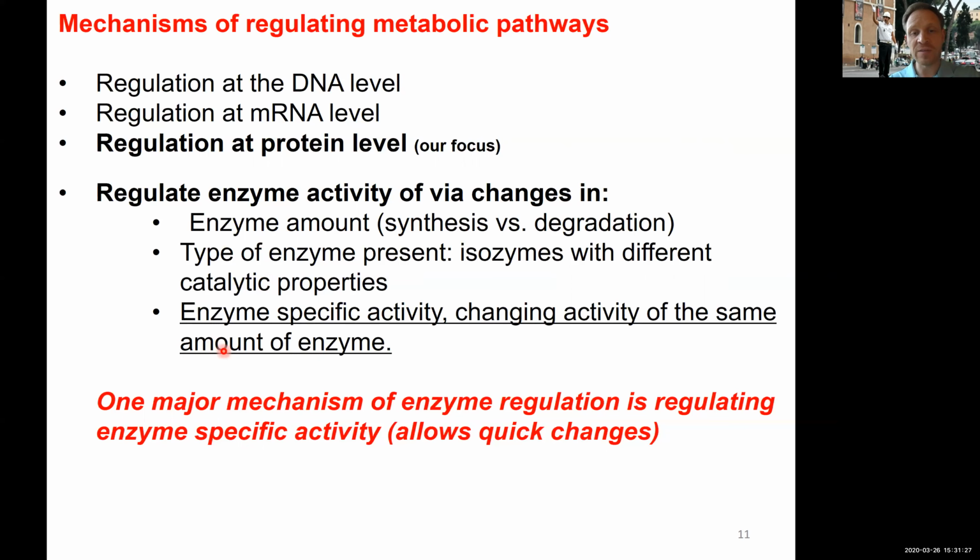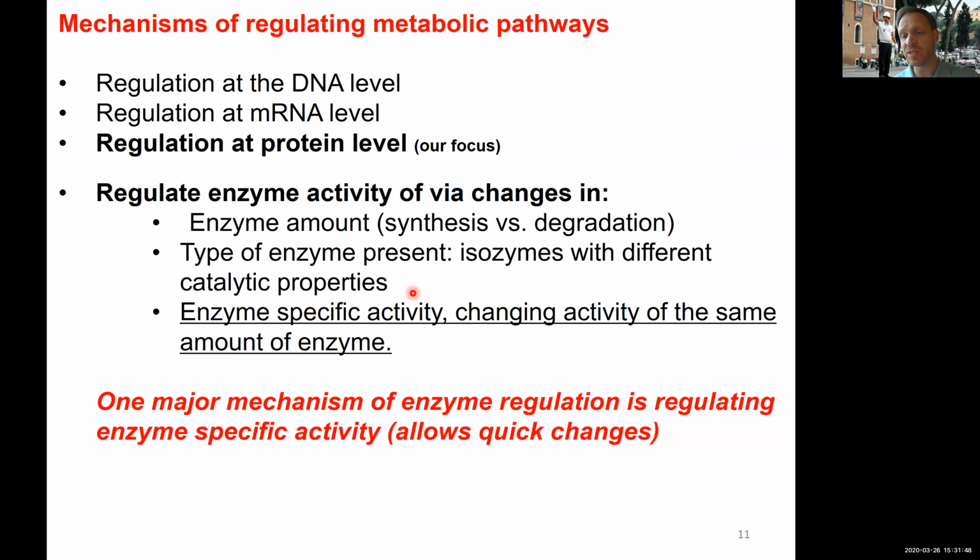And the third one, and this is actually a really important one, they're all important, but this is a specific one that is used widely in metabolism, is to change enzyme-specific activity. So not changing the amount of enzyme in any way or the type of enzyme, but changing the activity of the one enzyme that is already present.